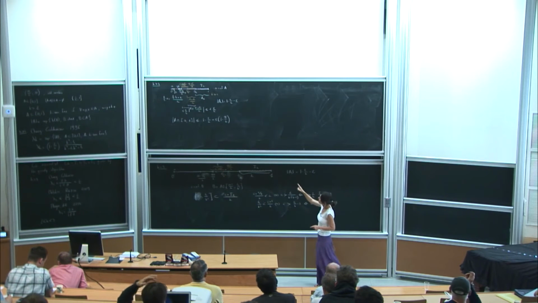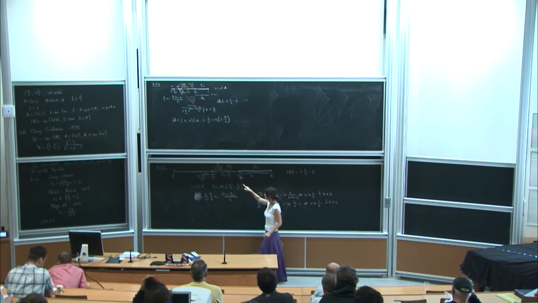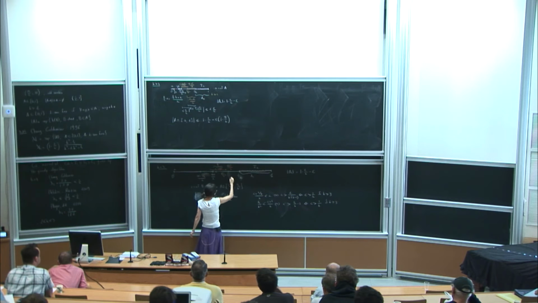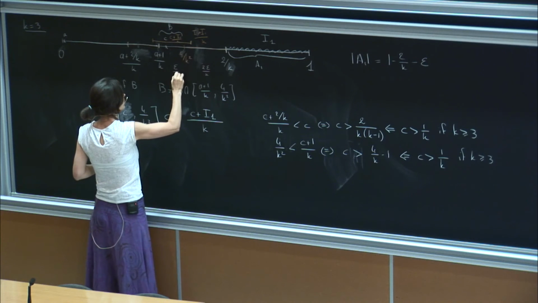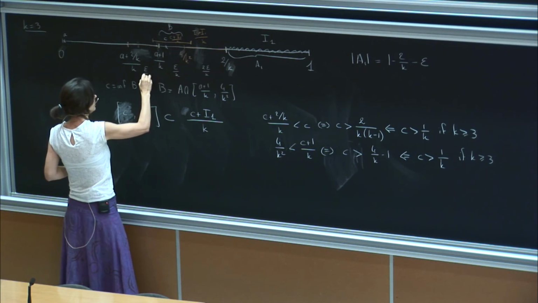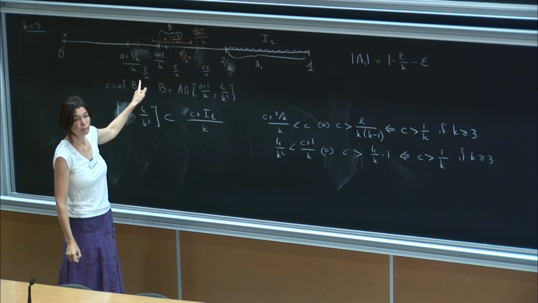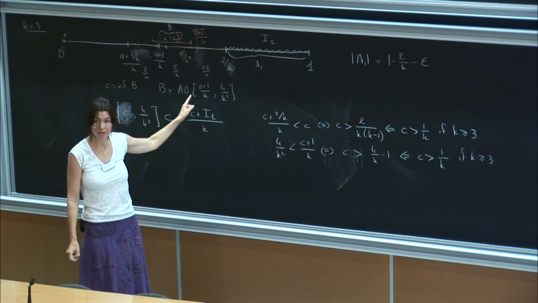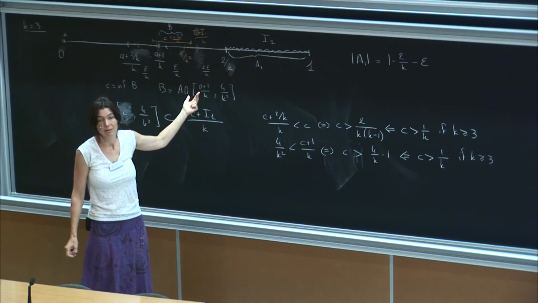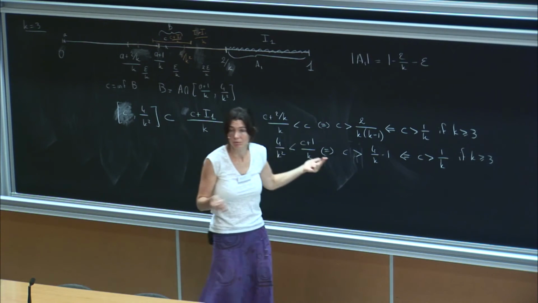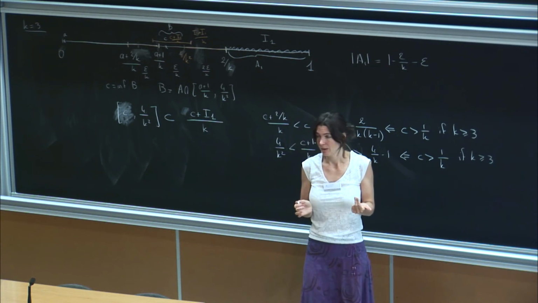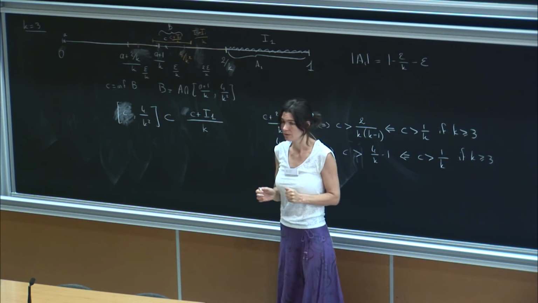If you do exactly the same thing as here, you get a possible set of measure 2 epsilon divided by K here, epsilon divided by K here, and epsilon divided by K here. And so you have 4 epsilon divided by K, and K is only between 3 and 4, so it doesn't work. Okay, so you have to do something else.